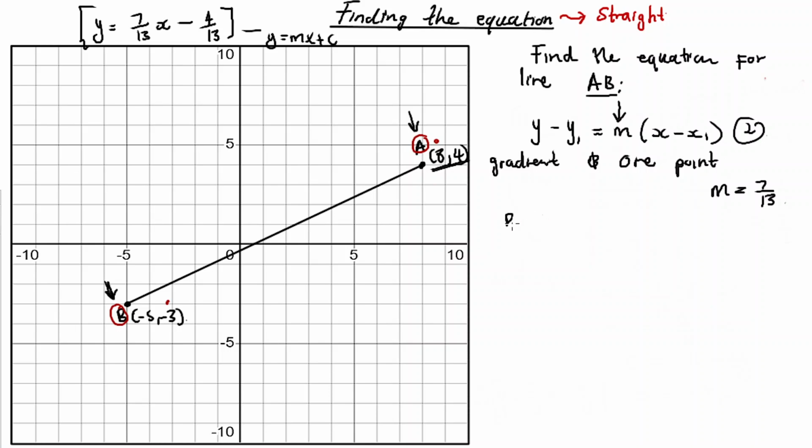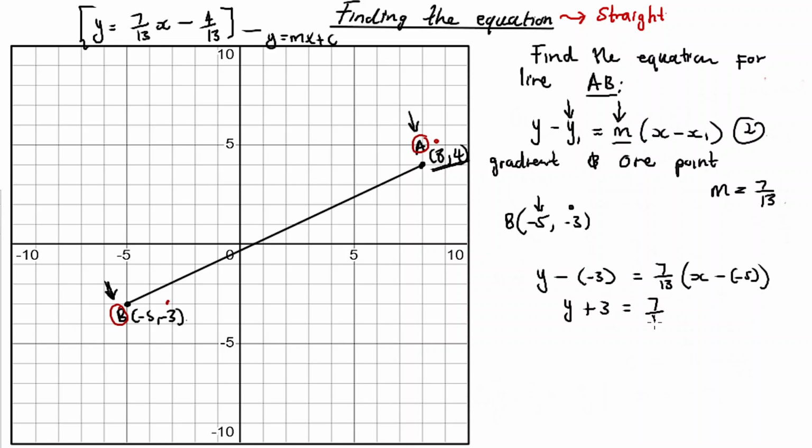So I'm going to substitute B as minus 5, minus 3. So for y1, I'm going to sub in minus 3. So it's going to be y minus negative 3 equal to, what's the gradient? 7 over 13, times x minus, what is x? It's minus 5, close bracket. So it's going to be y plus 3 equals 7 over 13 times x plus 5.